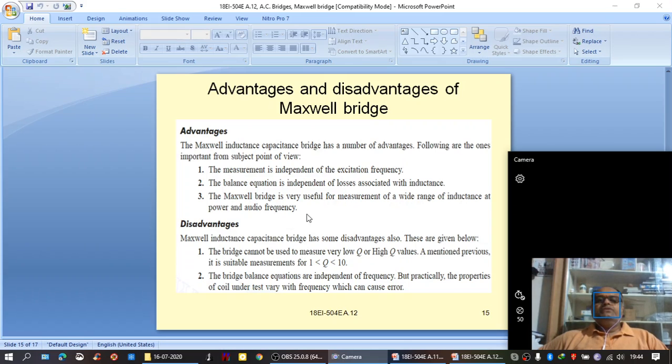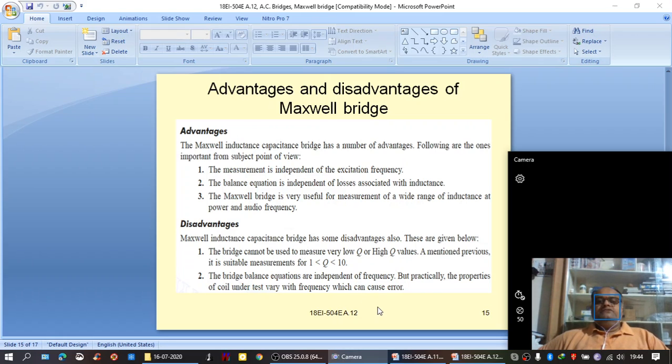Third one, the Maxwell bridge is very useful for measurement of a wide range of inductance at power and audio frequency, that is 50 hertz power line frequency, and 20 hertz to 20 kilohertz is the audio frequency. So up to those frequencies, Maxwell bridge can be used comfortably for the measurement of unknown inductance, or the unknown frequency.